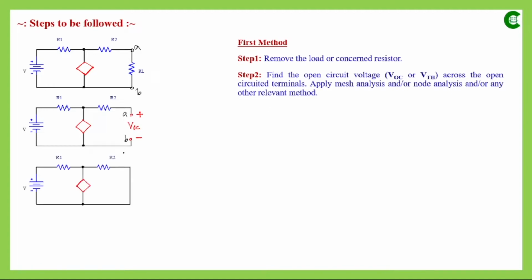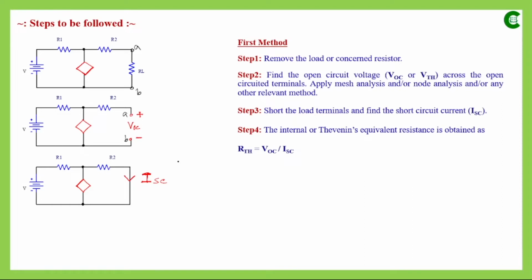In the next step, we will short these two terminals AB, and we will keep the dependent source and the independent sources, however many we have in that circuit. After shorting the terminals AB, we will find out the short circuit current which is flowing through this path.